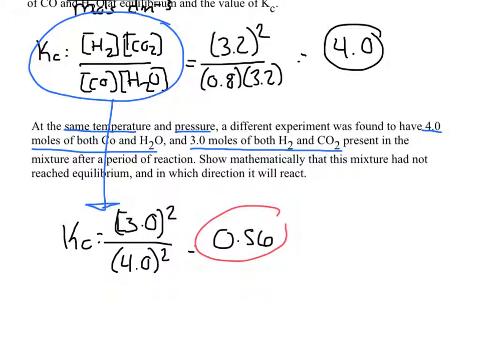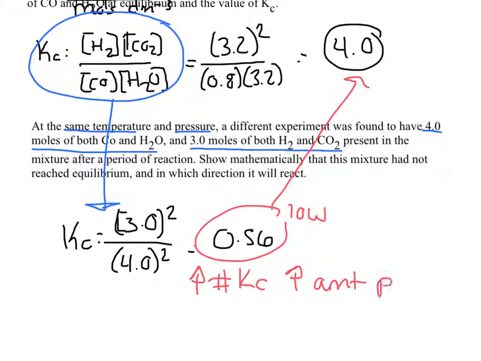That does not match this number. It is lower. So it does not equal the above Kc at equilibrium. Therefore, we need to increase the number for Kc. The way in which we need to do that is increase the amount of products in our reaction in order to match the equilibrium expression.